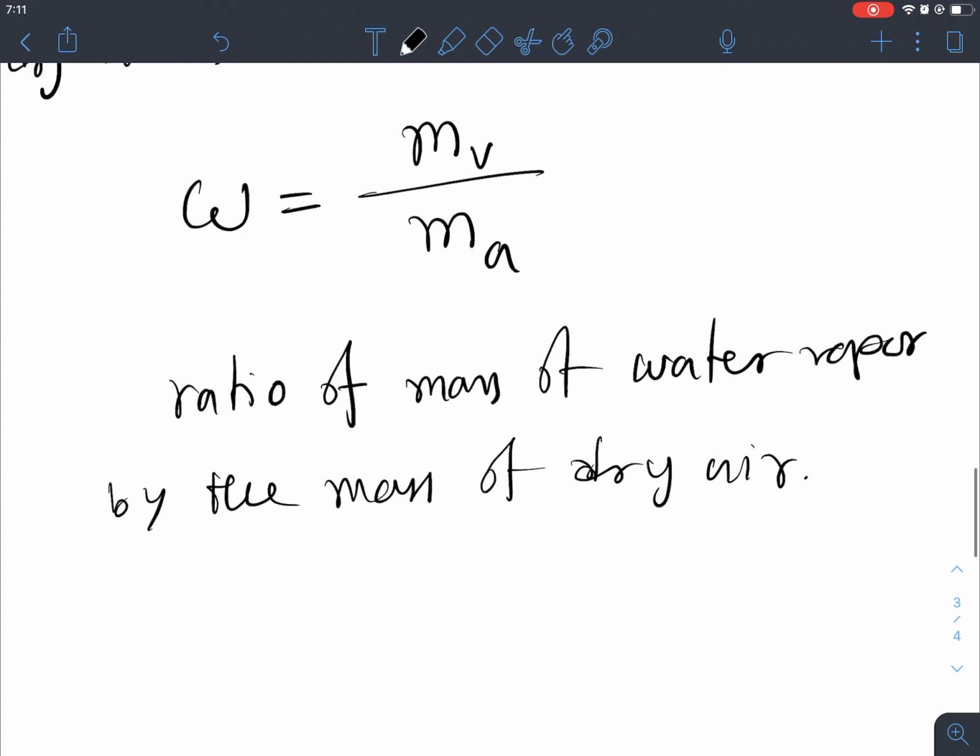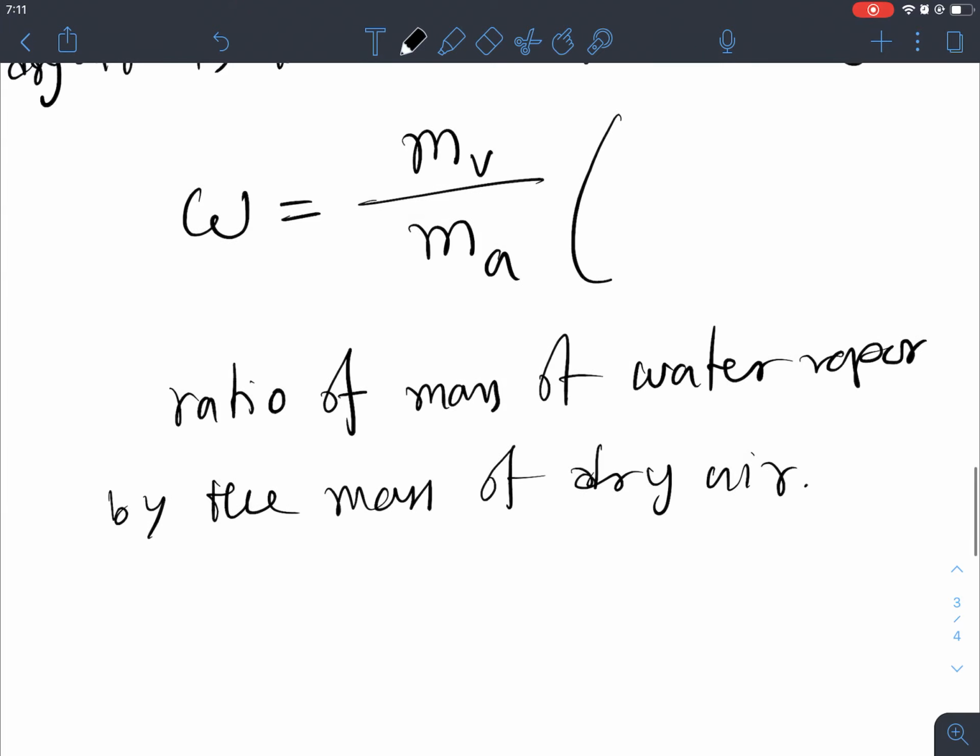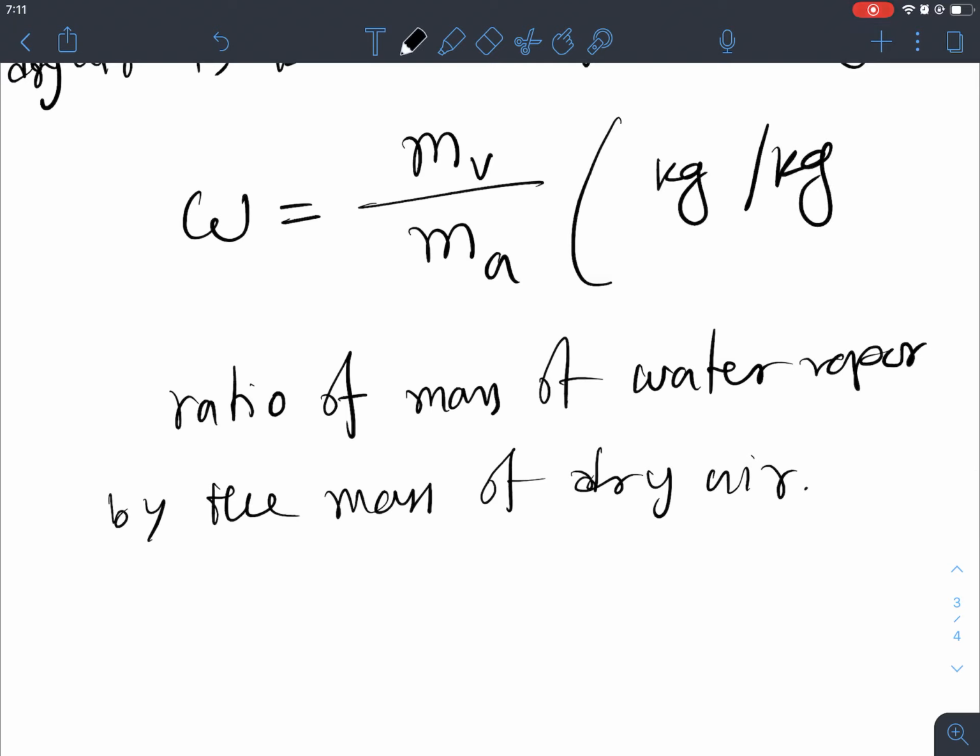We express this ratio in kg per kg, so kg of water vapor per kg of dry air. Okay, so that's the definition of the specific humidity or humidity ratio, right?